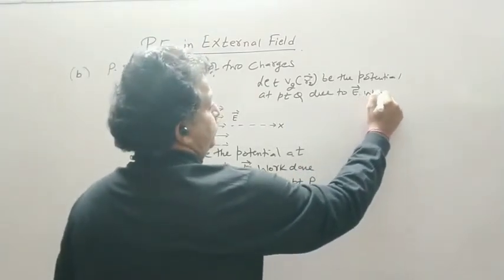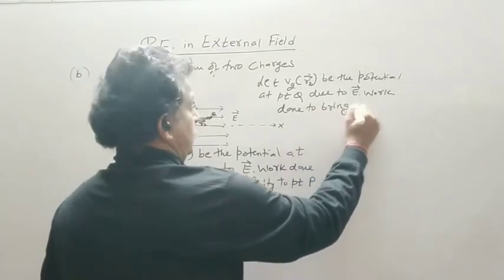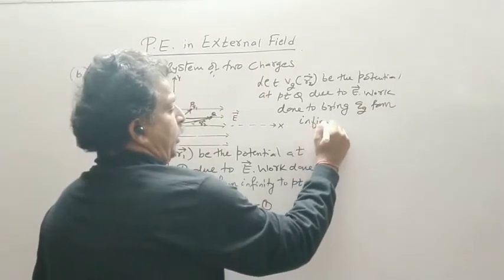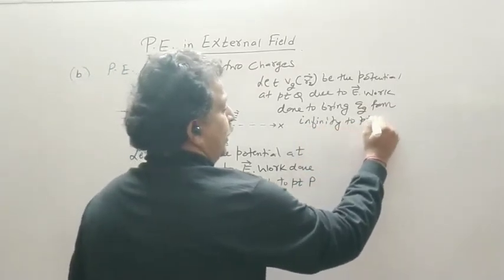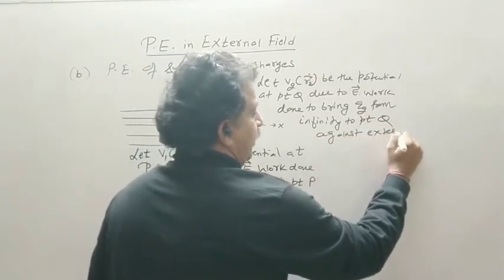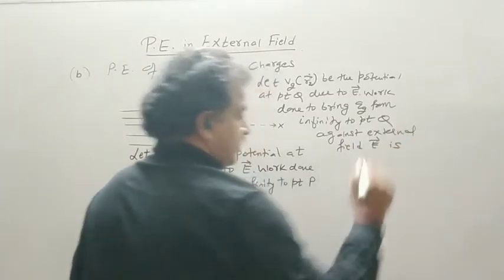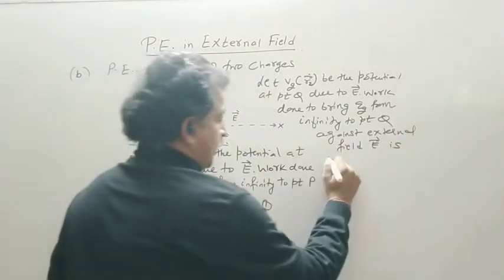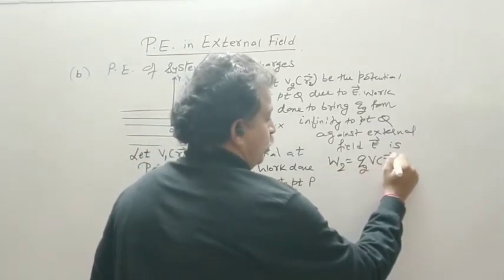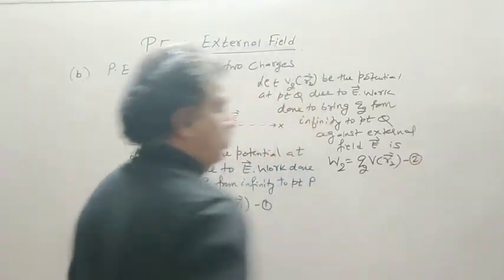So work done to bring Q2 from infinity to point Q against external field E vector, let us name that work as W2 is equal to Q2 V(R2). So this is our equation number 2.